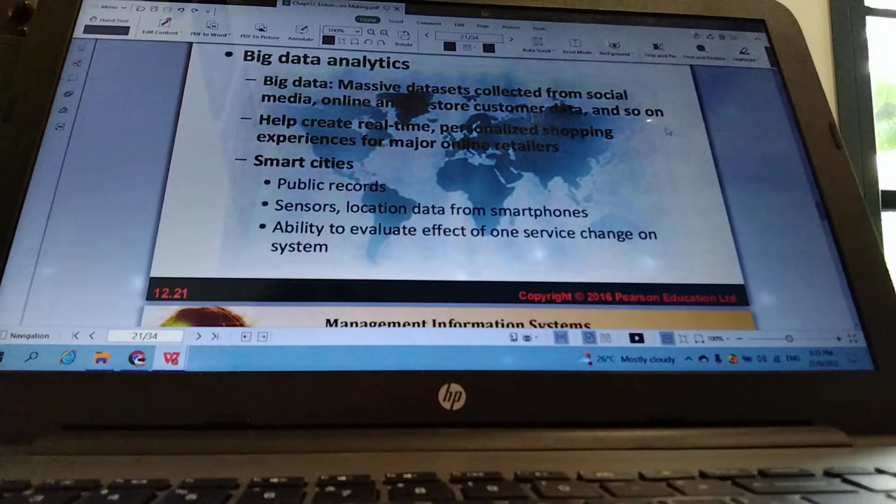Some smart cities are using this massive data collected for generating public records, for collecting and analyzing, and also for identifying or detecting using sensors, or even to identify location data from smartphones.